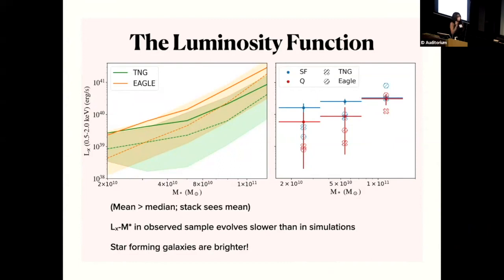However, if your observed galaxy has a metallicity of 0.2 versus 0.5, because of the way the response function of most of these telescopes, including eROSITA, works, it'll actually produce the same luminosity.